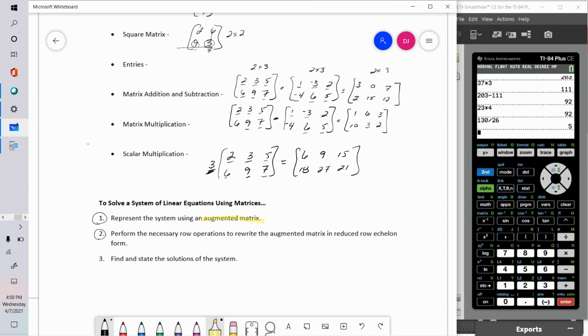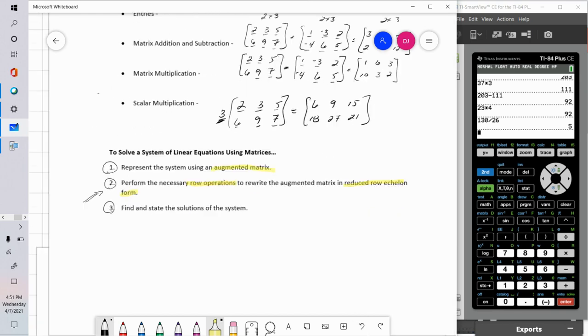Second, and this is the biggie, we're going to perform the necessary row operations to rewrite the augmented matrix in reduced row echelon form. So yes, I hear the questions. What are the row operations that we can do? And what is reduced row echelon form? Stay tuned. 3, the simplest part, is to find and state the solutions of the system.